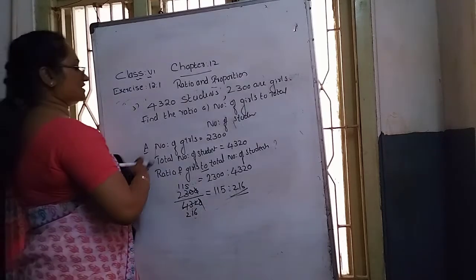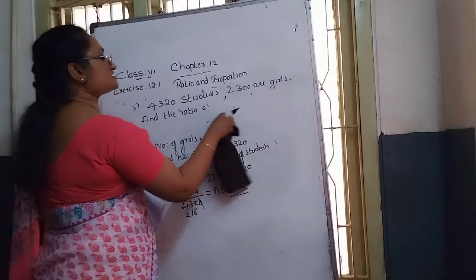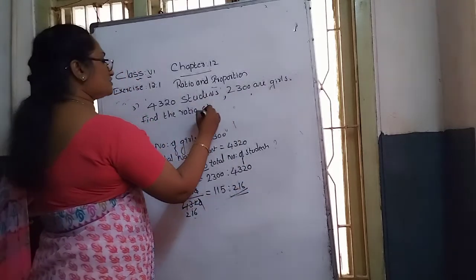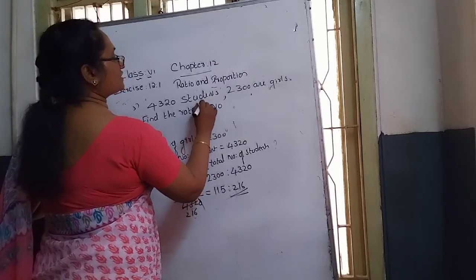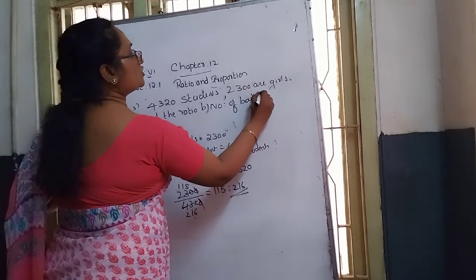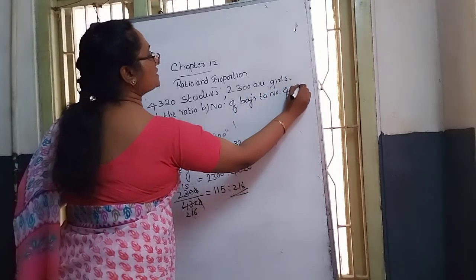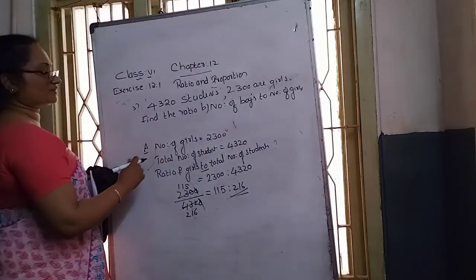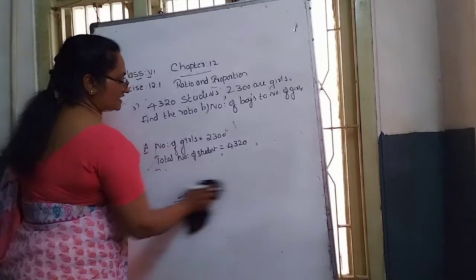Then the B part: find the ratio of the number of boys to the number of girls. The number of girls we know, the total number of students we also know. Then how to find the number of boys?